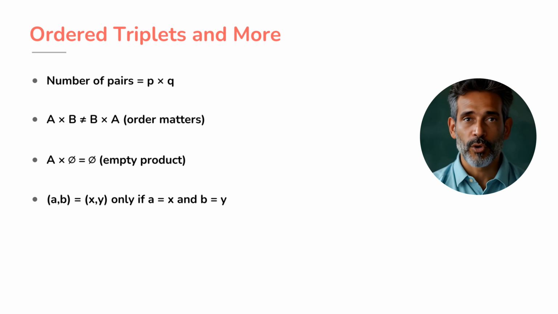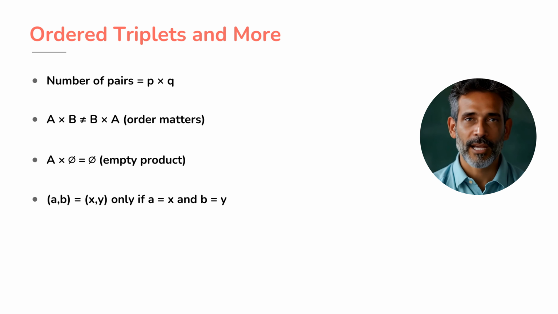Let's explore some important properties of Cartesian products and ordered pairs. First, the total number of ordered pairs you can form between 2 sets A and B is found by multiplying their sizes. If set A has p elements and set B has q elements, then the total number of pairs is p multiplied by q. Second, order matters in Cartesian products. The Cartesian product of A and B is not equal to the Cartesian product of B and A. For example, the pair (2, 3) is not the same as (3, 2).